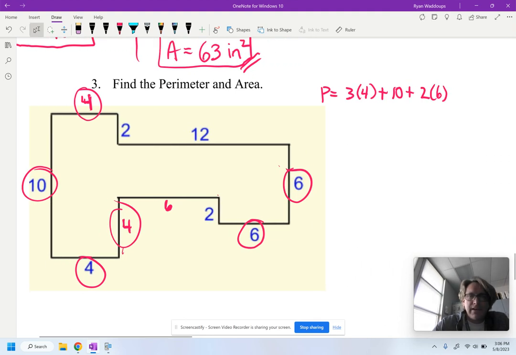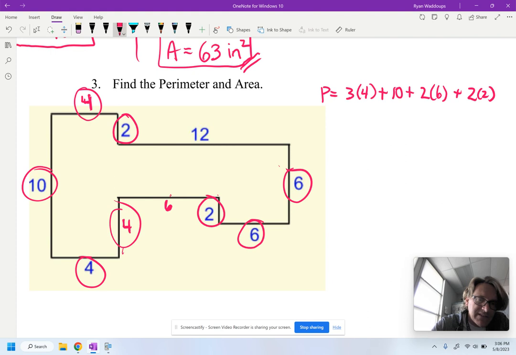And then I've got 2 2s, plus 2 times 2. Now I look at this and I think I forgot this 6 right here. So I'm going to go back and change this 2 times 6 to 3 times 6.